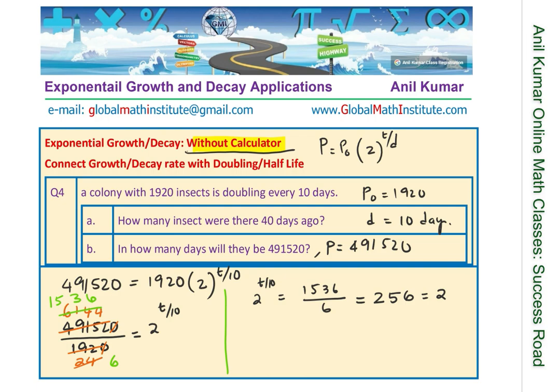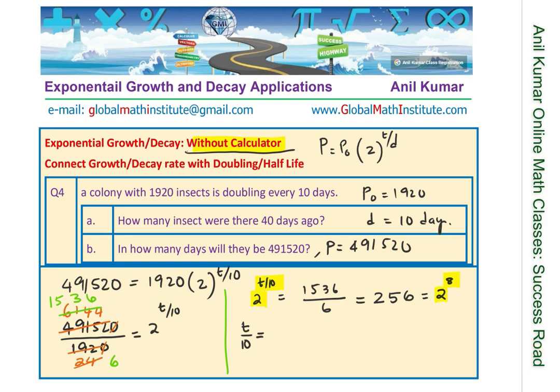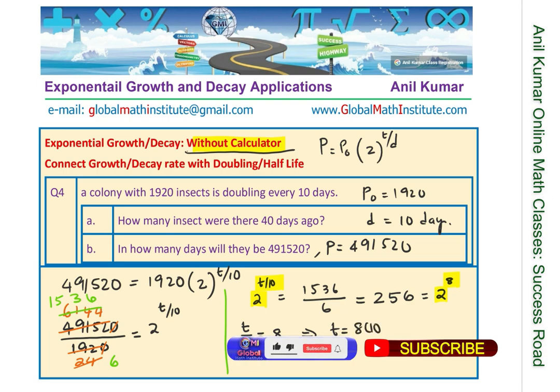Half is 500 something, which is 9. So this is 8. So this is 2 to the power of 8. Since we have the same base, which is 2 and 2, their exponents should also be equal. And therefore we get t over 10 equals 8. And that gives you the value of t as 8 times 10, and that is 80.